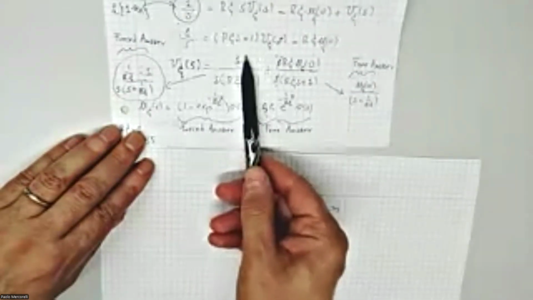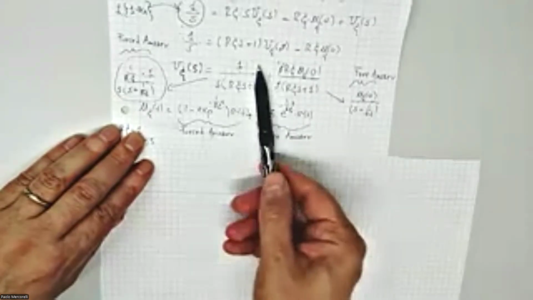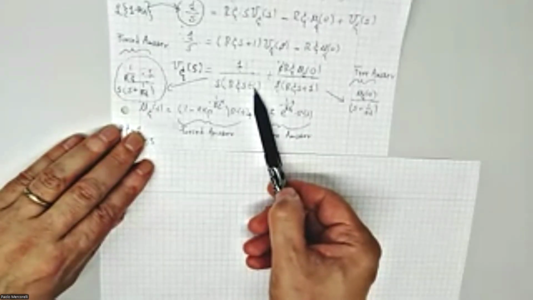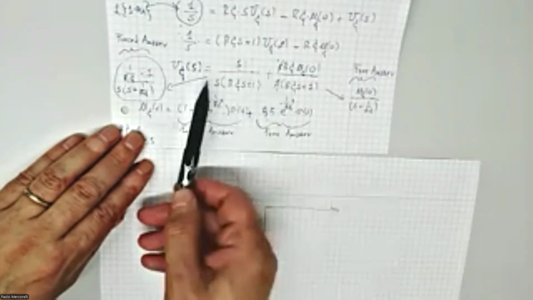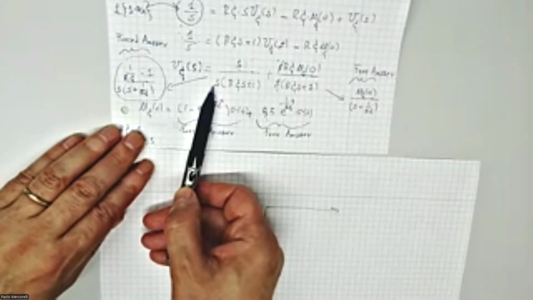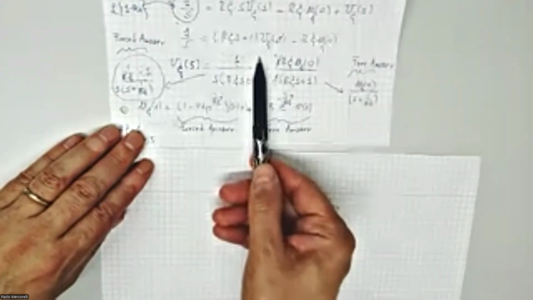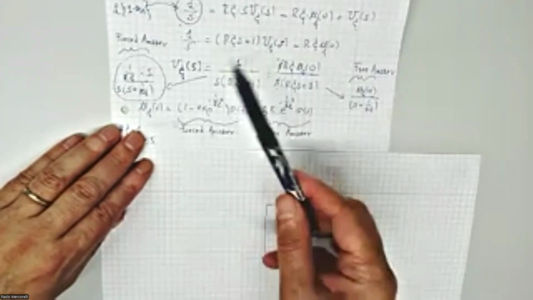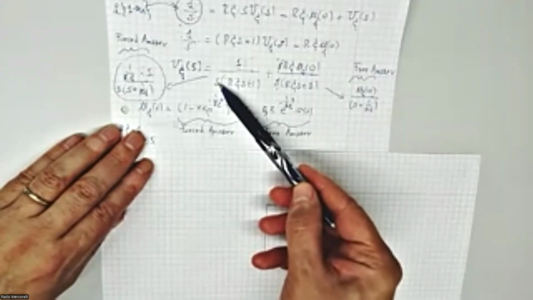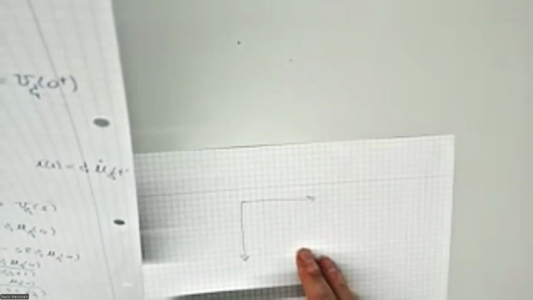This part here represents the fourth answer with respect to the sigma. Because 1 divided by S, it could be that I have a better expression. It's just basically the calculations are the same.